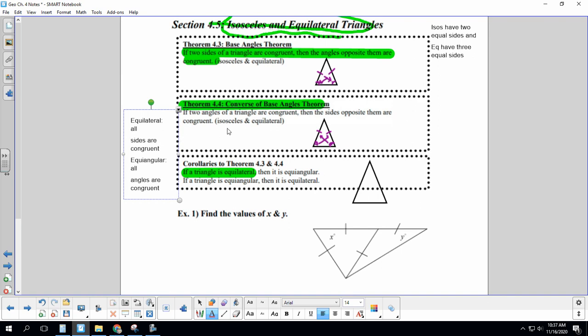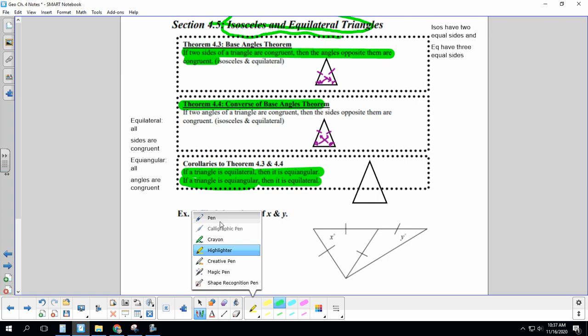So if a triangle is equilateral, then it is also equiangular. So if all the sides are congruent, then all the angles are congruent. And conversely, if a triangle is equiangular, then it is equilateral. So let me show you what that means.